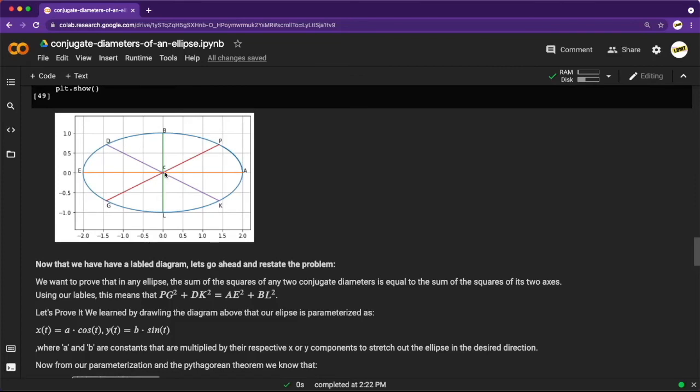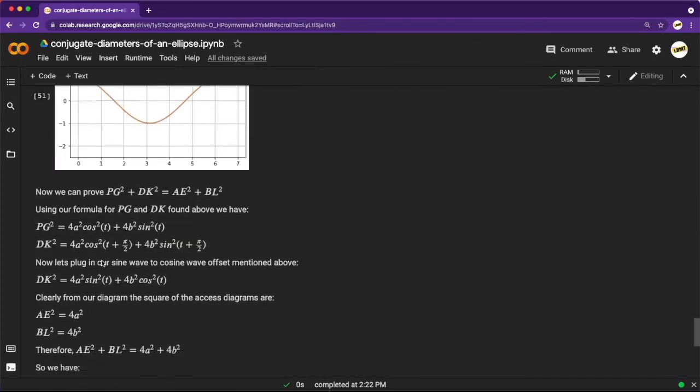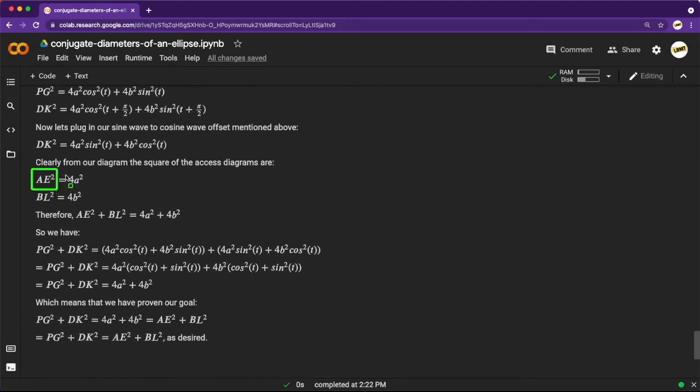So what we're saying here is that if we wanted to take this distance here and square it, we know that the distance from C to A is a, and we know that the distance from C to B is b, and therefore we can figure out that AE squared equals 4A squared, and that BL squared equals 4B squared. So if we want to say AE squared plus BL squared, we've got 4A squared plus 4B squared.